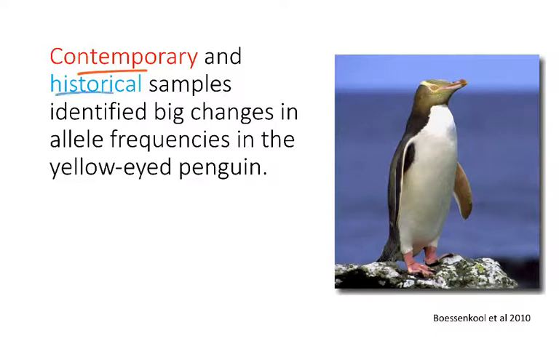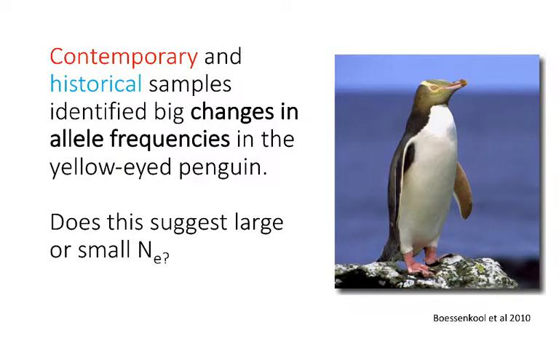For historical samples, what they did is they actually looked at toe pads from museum specimens. So those are their historical samples. That's often the way that people are able to get samples across time, is through using preserved museum specimens. And they used 12 microsatellites specifically to look at allele frequencies and whether they changed between the historical samples and the contemporary samples.